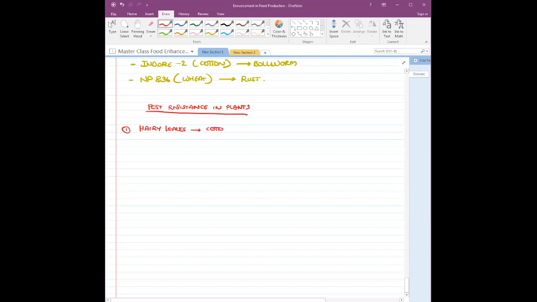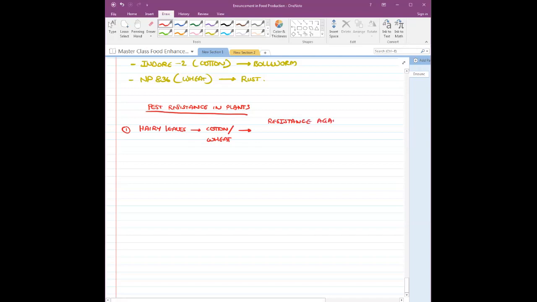This is generally seen in the case of cotton, and the other one is your wheat variety. If it is there in your cotton and wheat, what is this going to provide? Guys, this is going to provide resistance against jassids.